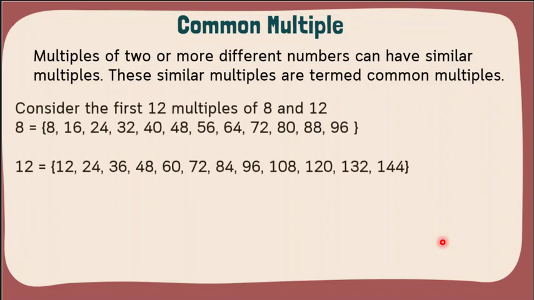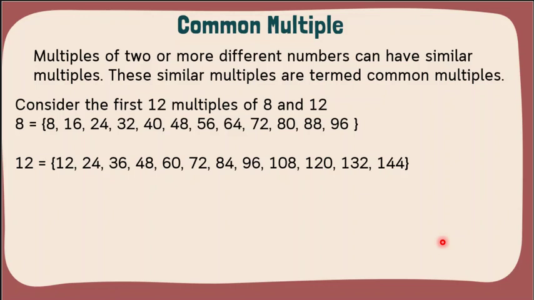For instance, if you consider 12 and then 8, and you write down their first 12 multiples, 8 will have these multiples: 8, 16, 24, 32 up to 96. That is the first 12 multiples of 8. The same thing here. When you check out the first 12 multiples of 12, these will be the numbers.